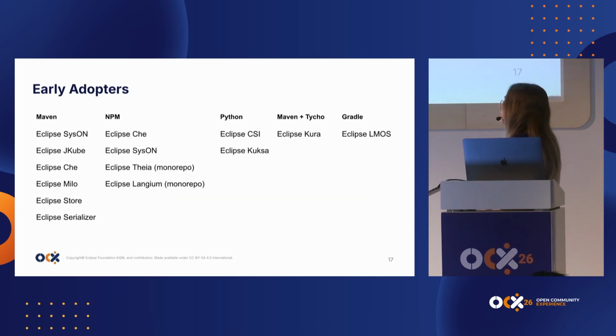This is a table with the projects that have been part of our early adopter groups, and the variety in ecosystems is not random. We selected some of the most popular ecosystems at the foundation.